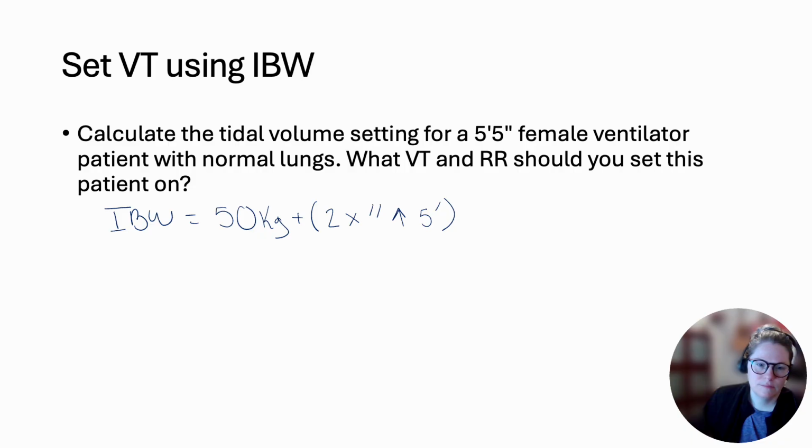Ideal body weight, 50 kilograms plus 2 times inches over 5 feet. I'll write our normal ranges over here again. So for normal lungs, we have a range of 6 to 8 milliliter per kilogram.